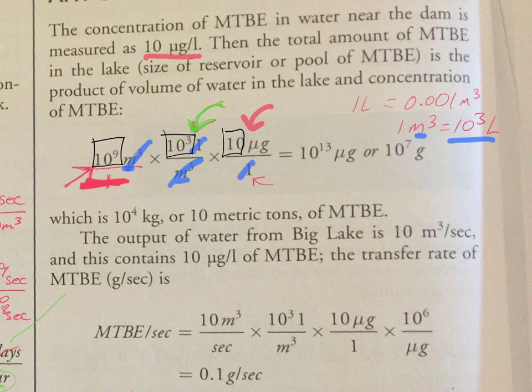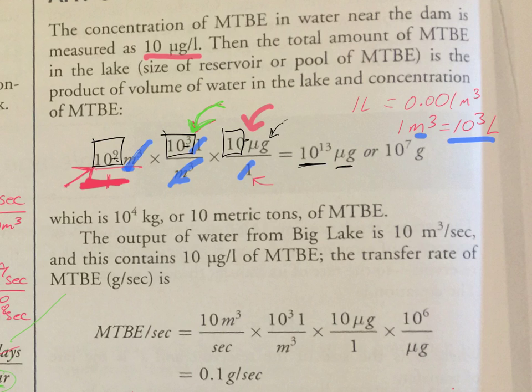And remember, when you're multiplying exponents, you add the exponents as long as the base is the same. So 10 to the 9 plus 3 plus 1. 9 plus 3 is 12, plus 1 is 13. That's where they get 10 to the 13. Why micrograms? Because that's the one that's left. You see it's there.